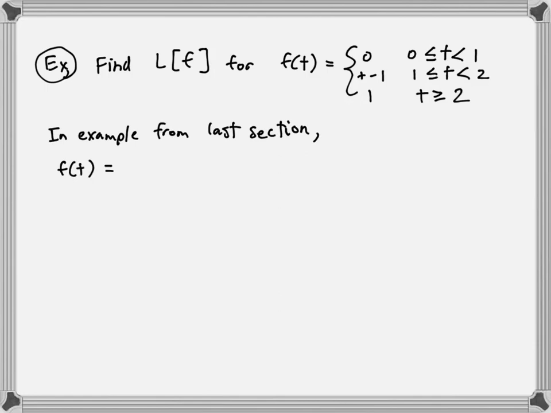f of t is equal to, what we found was that it was equal to u1 of t times t minus 1 plus u2 of t times 2 minus t. Now we want to take the Laplace of this, but I want you to notice that we don't have a t minus 2 here. We have instead 2 minus t. So we want to fix this guy right here. So here's how we're going to fix it to make the theorem easier.